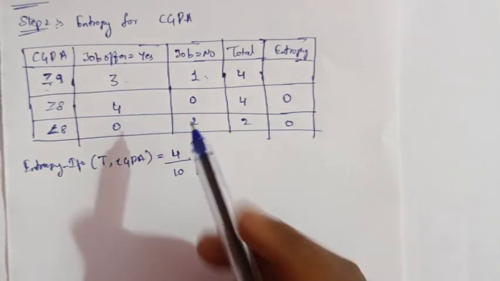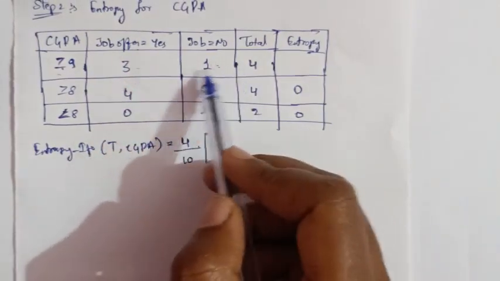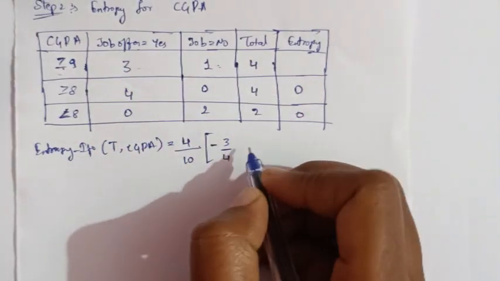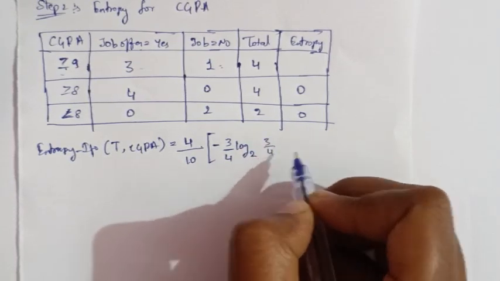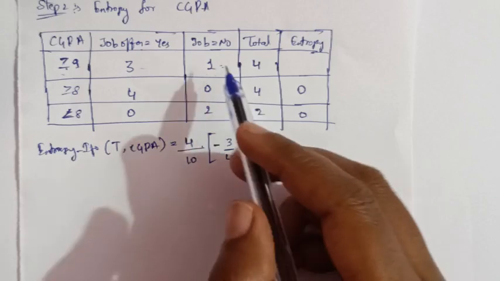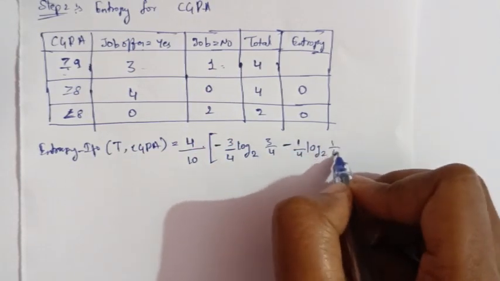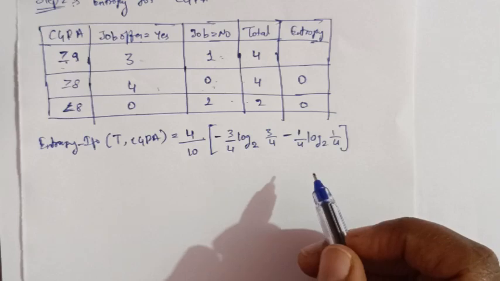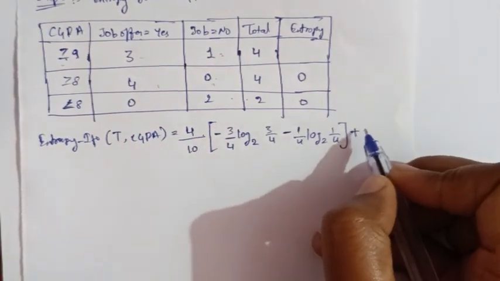For yes we have 3, and the total number of instances is 4, log 2 of the same, and minus again. For no, 1 divided by 4, log 2 of 1 divided by 4. Now for this we have to take plus.